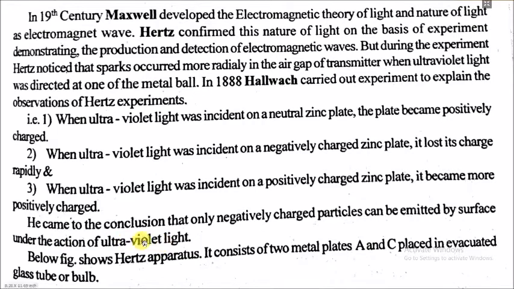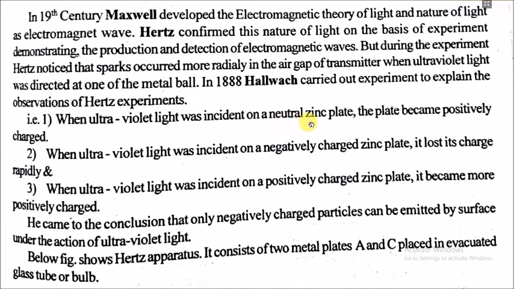Means when ultraviolet light was incident on that zinc plate, only negatively charged particles were emitted, and generally these are electrons. He suggested that electrons are ejected or emitted by the plate. How are they electrons only, negatively charged?